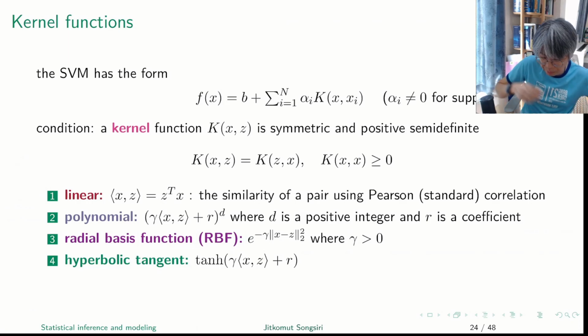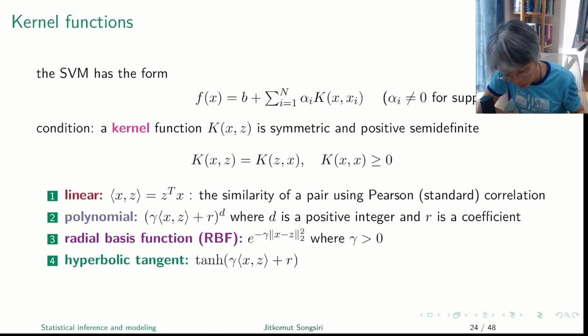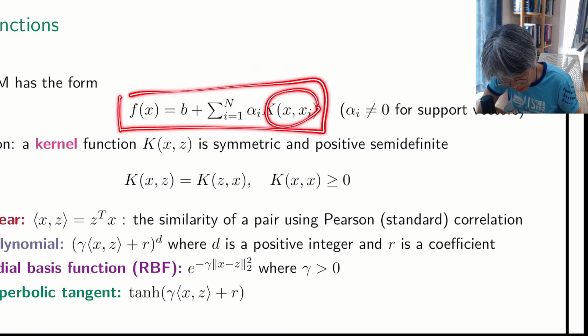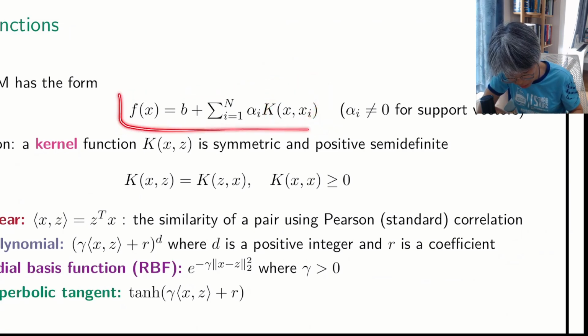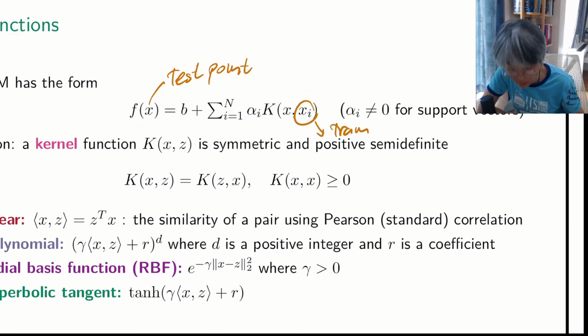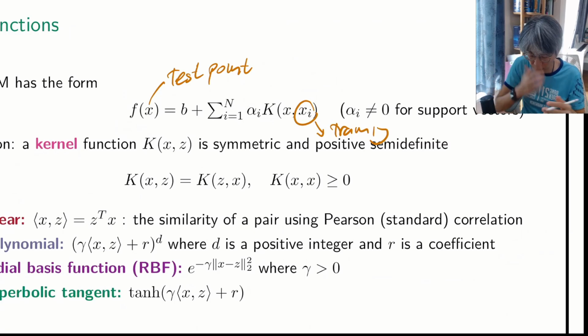After you plug in the expression of w, f(x) is a linear combination involving alpha i, where x is some test point and the xi are the training data you used to train.